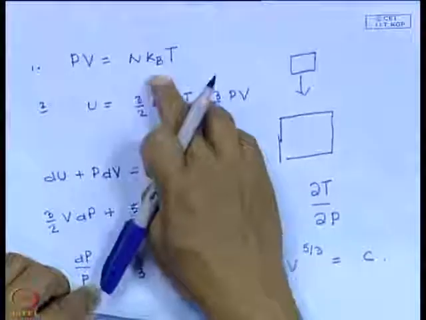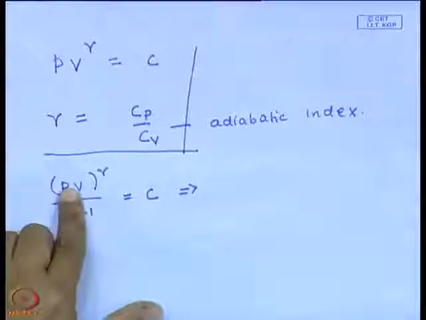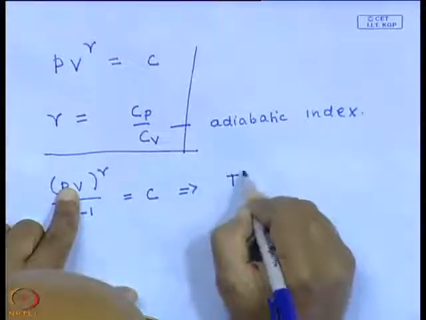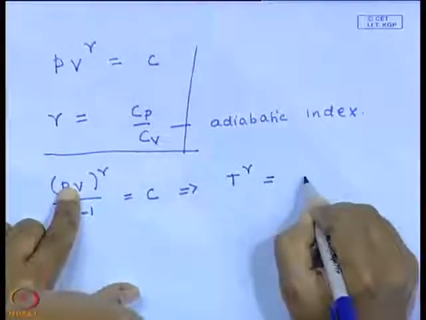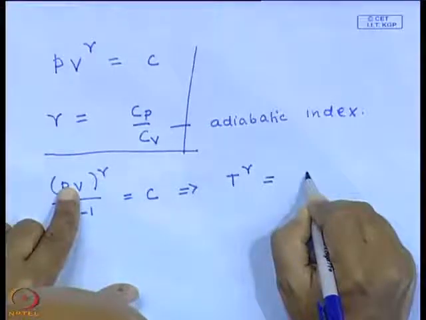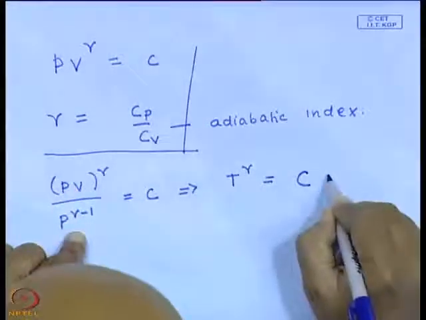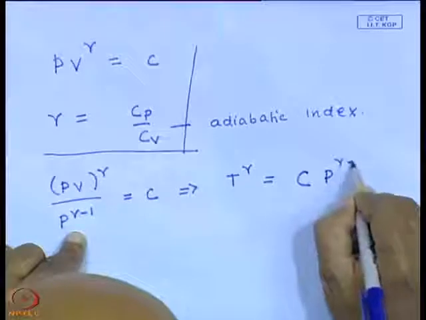What it tells us is that T to the power gamma is equal to some constant, let us say capital C, into P to the power gamma minus 1.